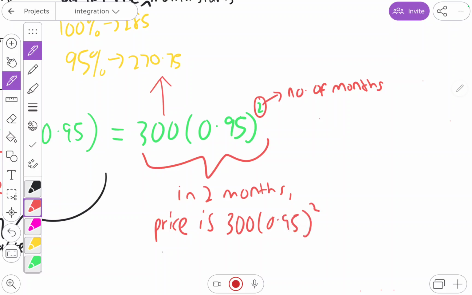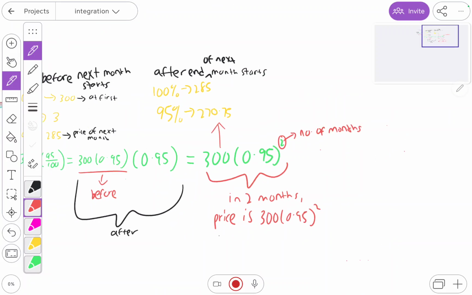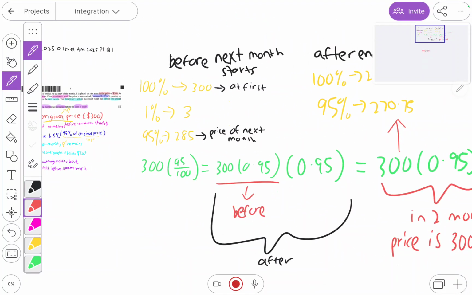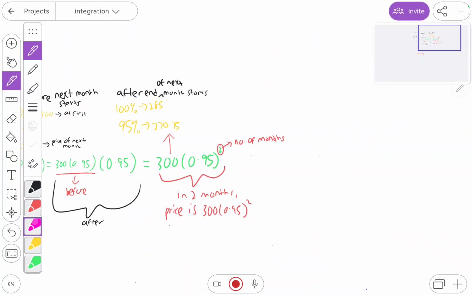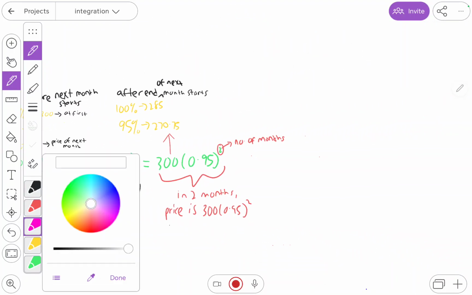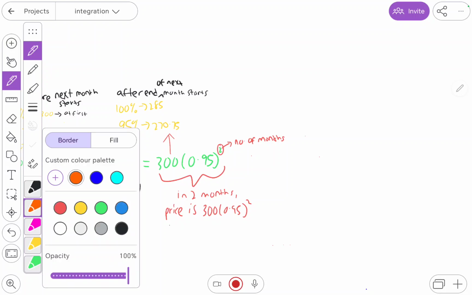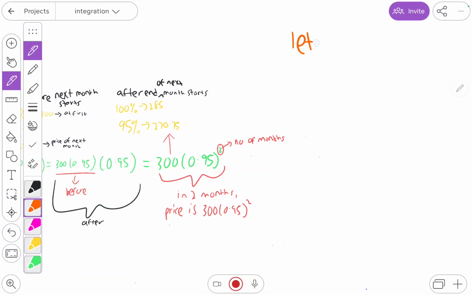This is the concept that is very important and most students will not figure it out. Now, they want how many complete months, right? So let complete months be n.